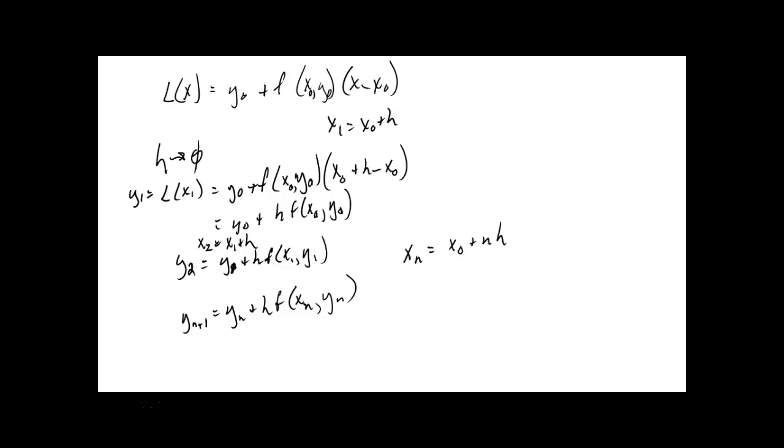So let's do Euler's method in example 1. Consider the initial value problem: y prime is equal to 0.1 times the square root of y plus 0.4 x squared, with y at 2 equal to 4.